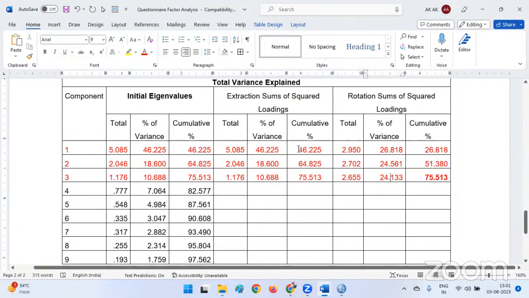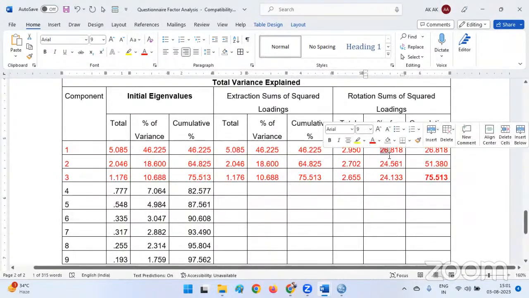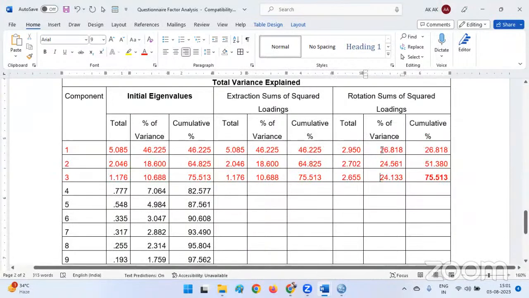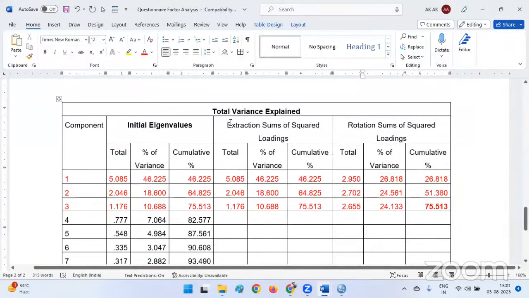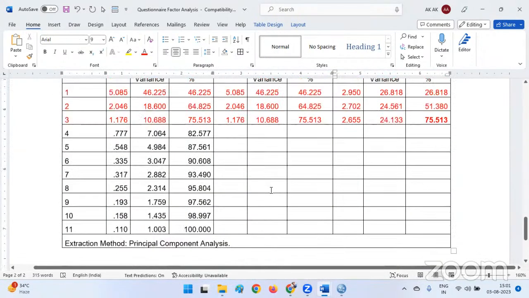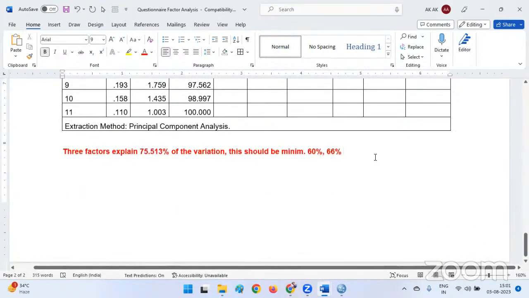So you see that earlier the first factor was explaining 46%. Now the first is explaining 26, 24, 24. So almost similar. Generally, we do not report these 3 columns. We report only the last one. Okay. Now, what is the next part of the analysis?